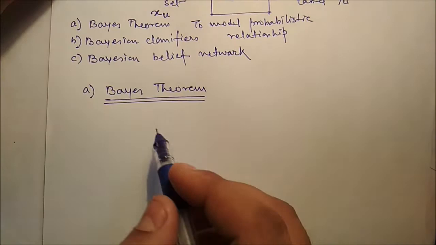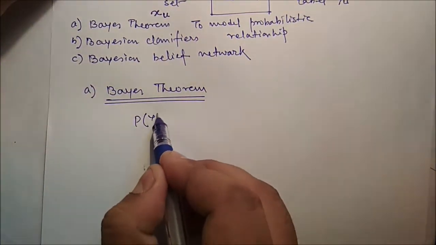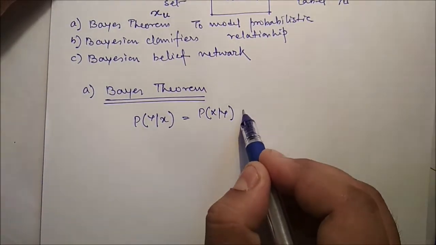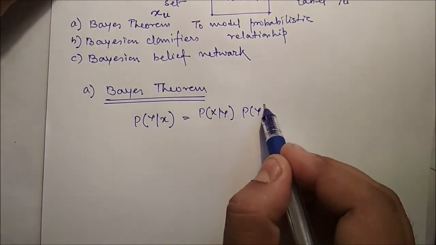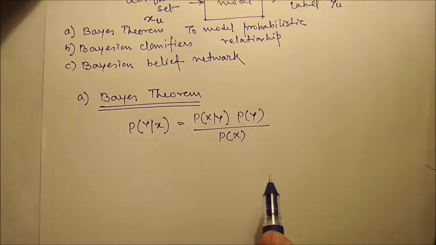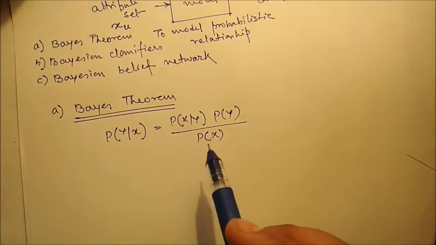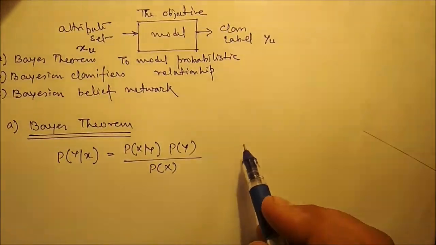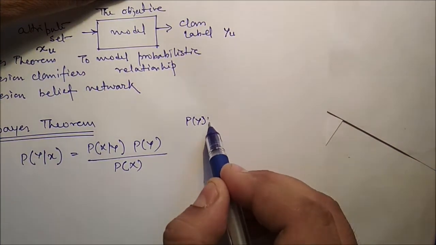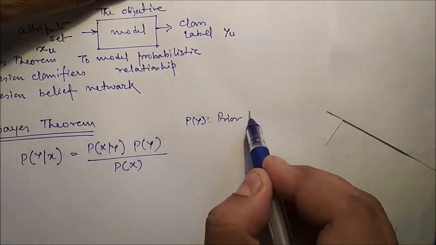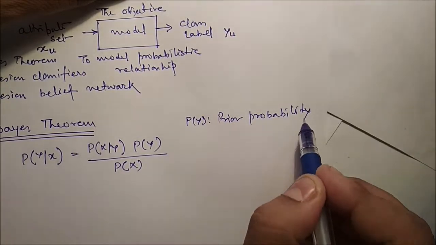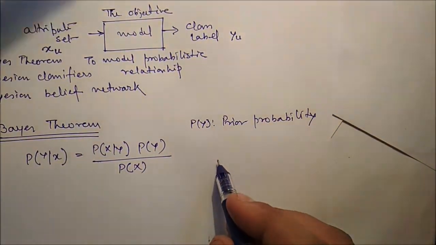Now this Bayes theorem is based on this particular formula: P(y|x) = P(x|y) times P(y) divided by P(x). Here P(y) is the prior probability, or initial belief system.